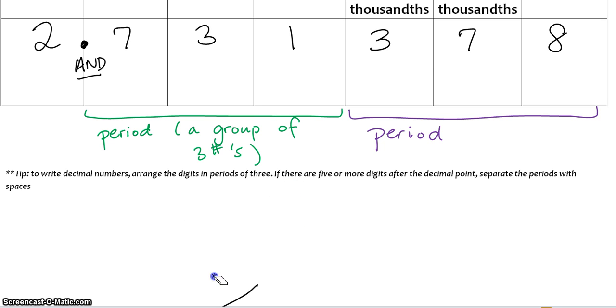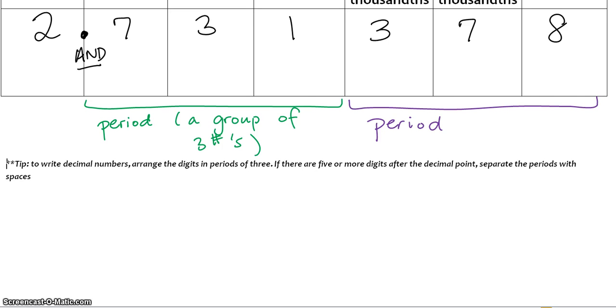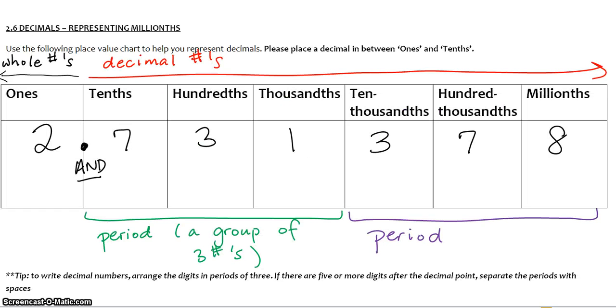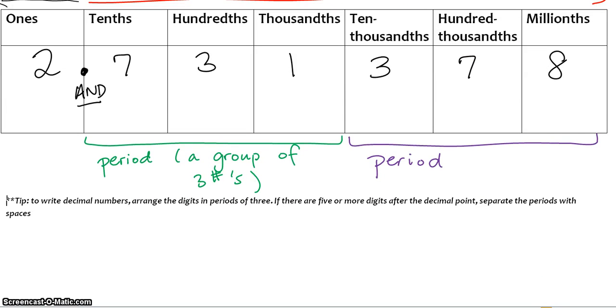Let's go with 3 more practice decimal numbers. Now, I'm not going to have it perfectly line up, but refer to the chart up above. Let's do 3.